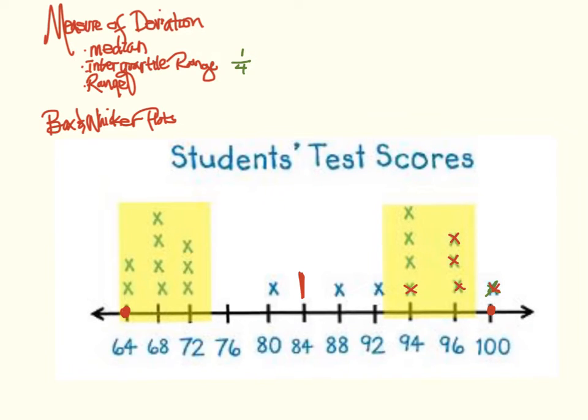Okay, so we would say that these top 5 are 1/4 of the class. And then in another color, we could do the bottom 5. 1, 2, 3, 4, 5.